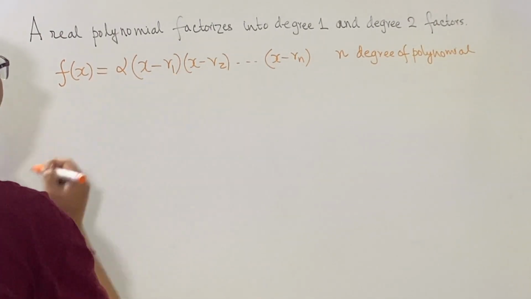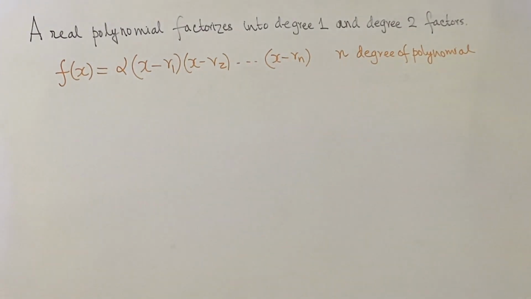If r1 is real, then of course x minus r1 is a linear factor or a degree 1 factor, and this is true for every real root. So for every real root ri, x minus ri is a linear factor of the polynomial.